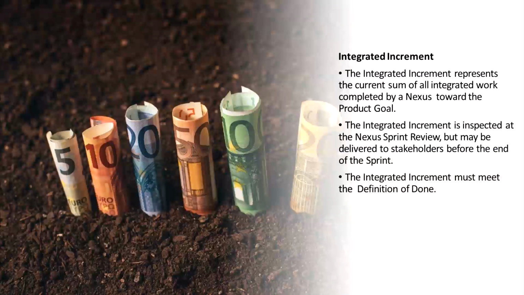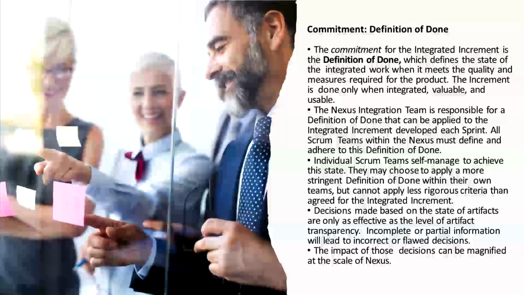Integrated Increment. The integrated increment represents the current sum of all integrated work completed by a Nexus towards the product goal. The integrated increment is inspected at the Nexus Sprint Review, but may be delivered to stakeholders before the end of the sprint. The integrated increment must meet the definition of done.